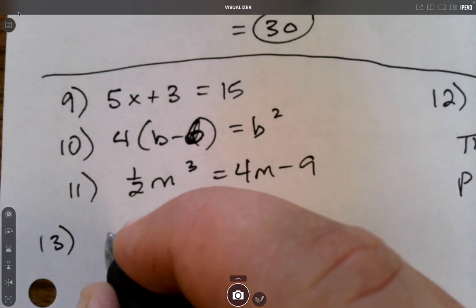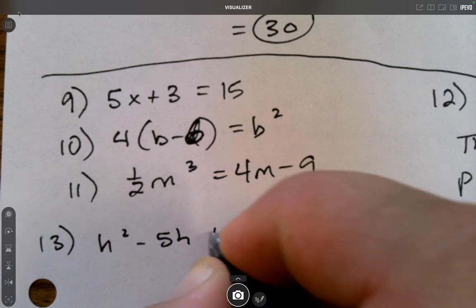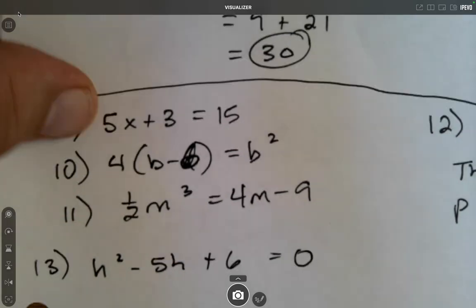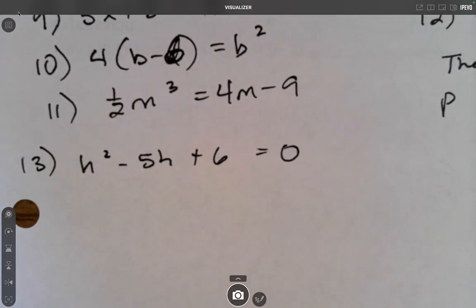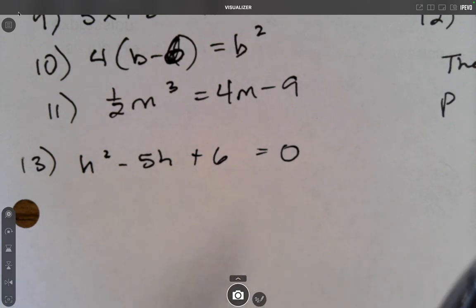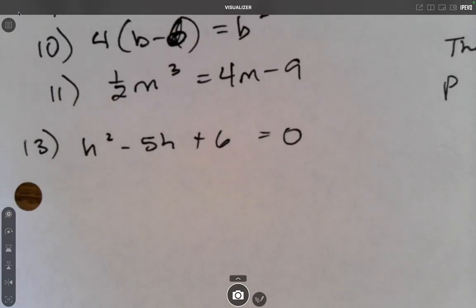They give us the equation h squared minus 5h plus 6 equals 0. Okay, so I'm actually not going to use the words difference or sum here, because we don't just have one operation going on this side, we have 2 operations. So in that case, I'm just going to use like minus or increased by or decreased by or plus. Anything like that would be fine.